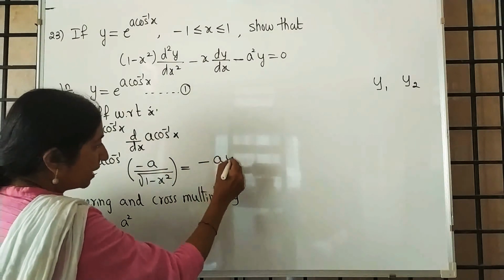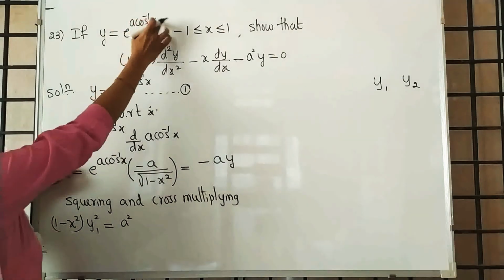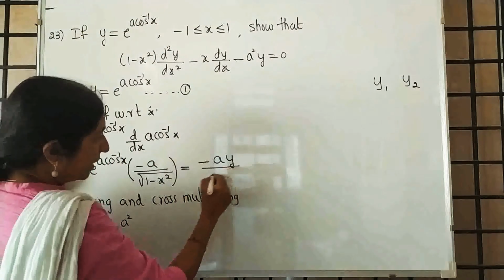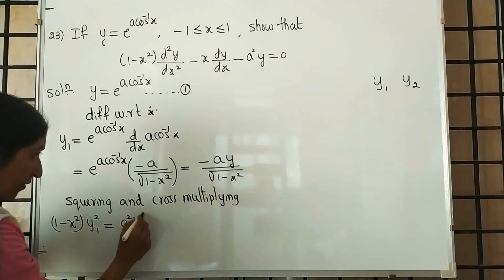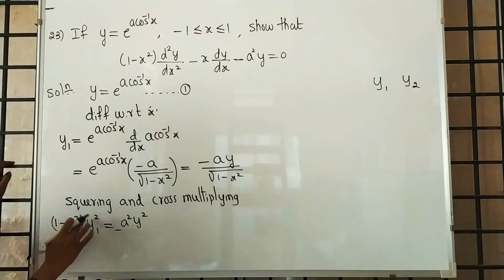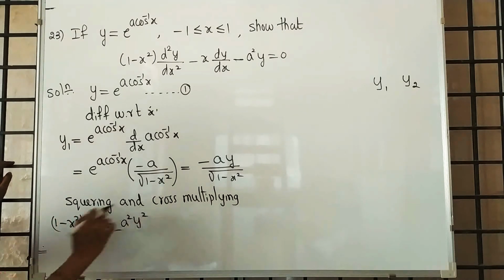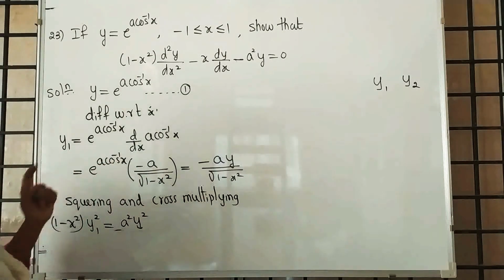It is minus a y, because e raised to a cos inverse x is y. It is a square y square upon 1 minus x square. We did the cross multiplication. 1 minus x square into y1 square is equal to a square y square.